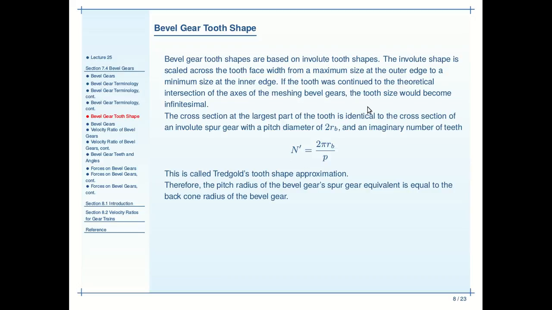This is called the Treadgold tooth shape approximation, and believe it or not, these tooth shapes are actually based on the same shape that we use to generate an involute curve for a spur gear. You can find additional information on this online. There's really not much in your book, but you can take a look at the cross-section of the largest part of the tooth as being identical to the cross-section of an involute spur gear, where the pitch diameter is 2 times the back radius.